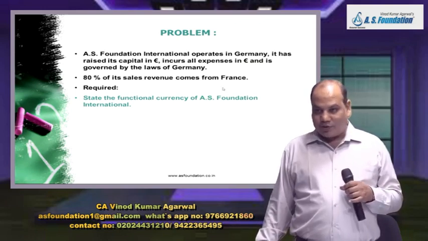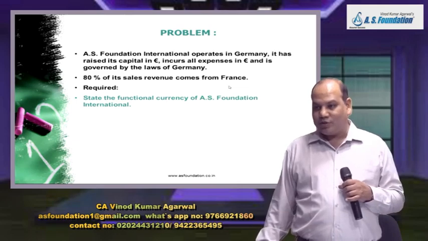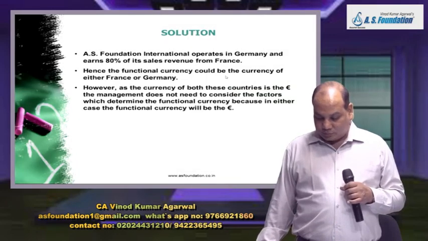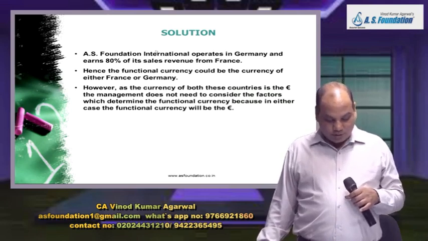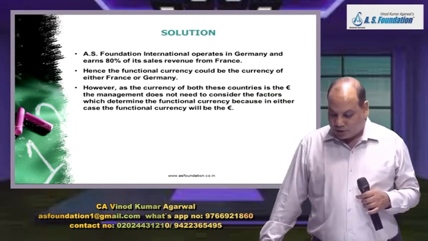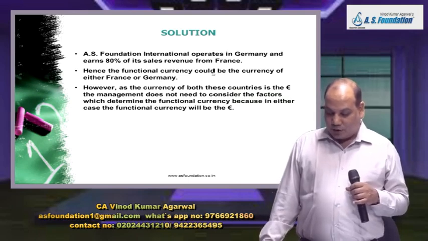Earlier the currency was different. Germany had mark, France had franc. Now both countries use euro. So the answer is euro. There is no need to check anything. Still, while answering, you have to write that IAS Foundation International operates in Germany and earns its revenue from France.